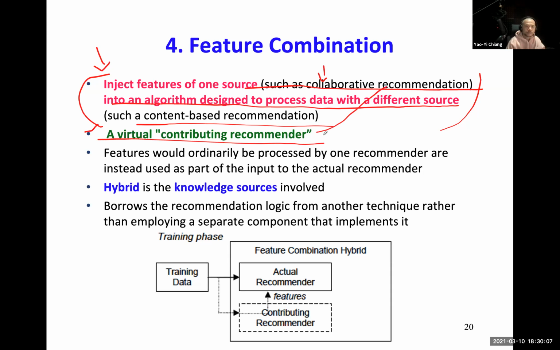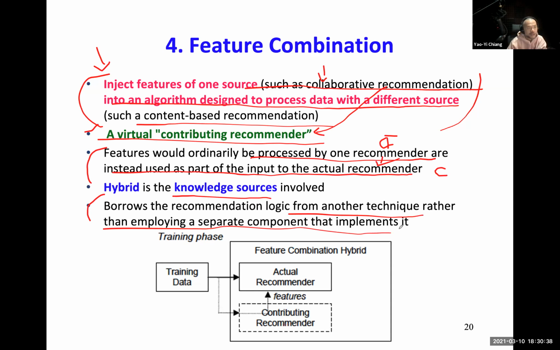That's this one. So features that would ordinarily be processed by one recommender are instead used as part of the input to the actual recommender, right? Let's say this is the content-based one, this is the CF one, generate some result and use it in the content-based system. So the idea of hybrid here is the hybrid of knowledge sources. It borrows the recommendation logic from another technique rather than using separate components to implement it, right?